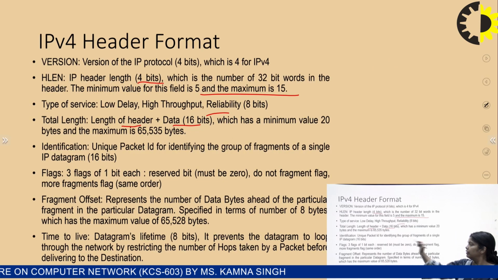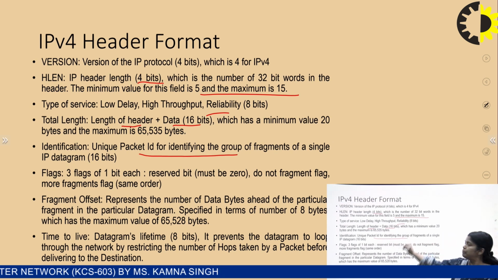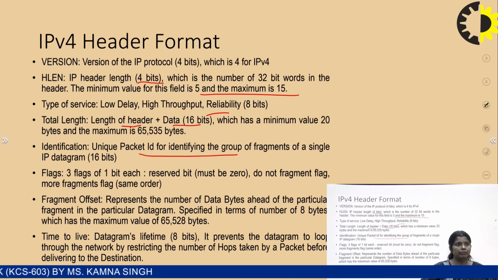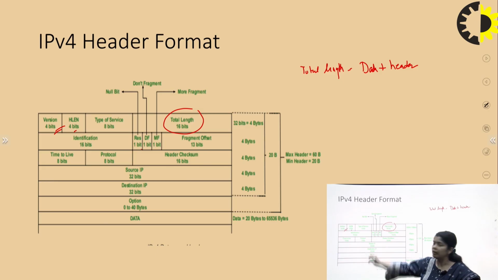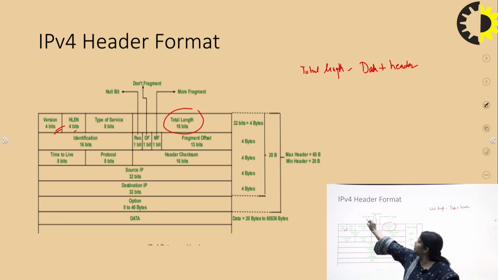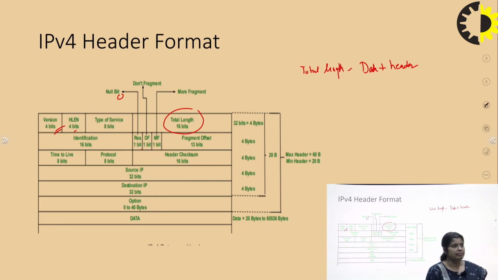This is the unique identification for the group of fragments of a single IP datagram. And there are some different flags, each 1 bit. The first is the reserved bit, which is always a 0 bit.